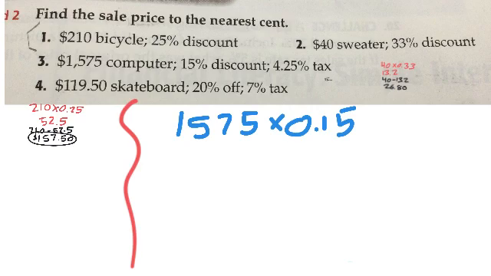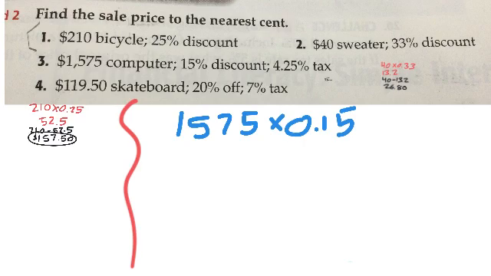Write it down on the paper next time so it looks neater, right? That way you can keep up with it. Should get 23.625, which rounds to be 23.63, because we want to go to 2 decimal places. So 23.63 is the discount.